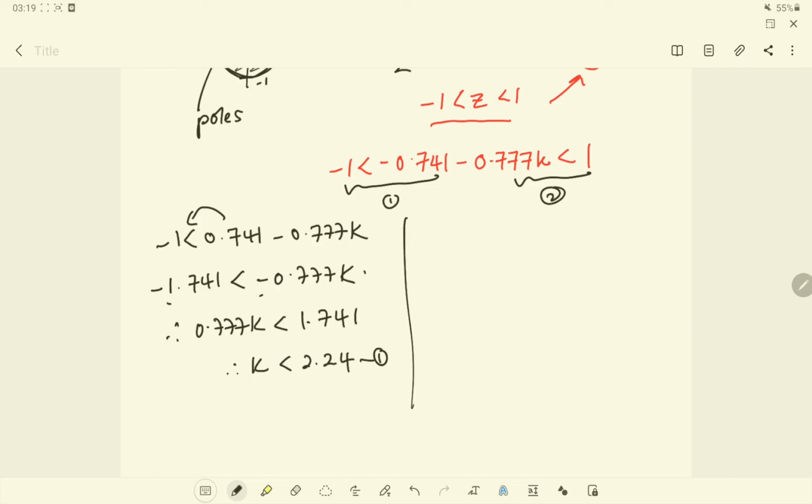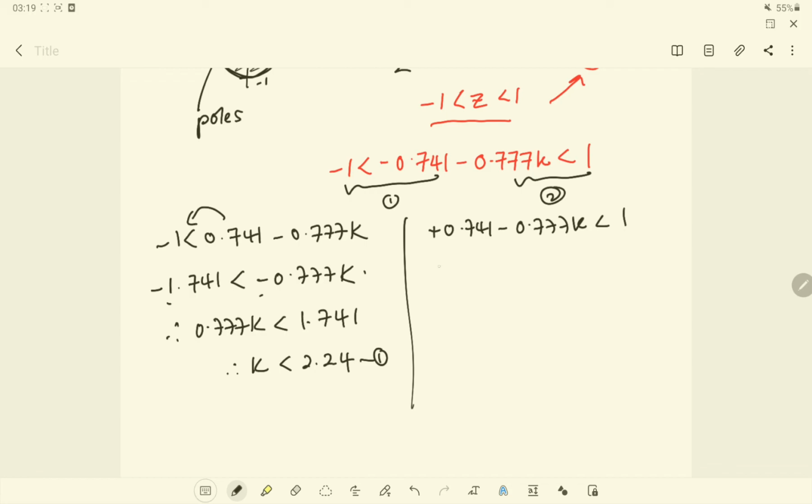And condition number 2. Negative 0.741 minus 0.777K less than 1. So we change the location. Sorry, this is positive.